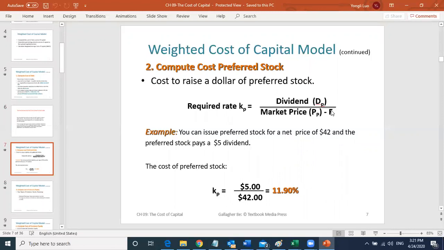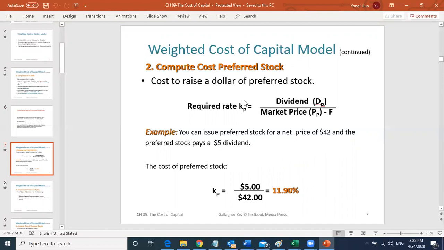So in this case, we have an example. For example, you can issue preferred stock for a net price of $42, and the preferred stock pays a $5 dividend.